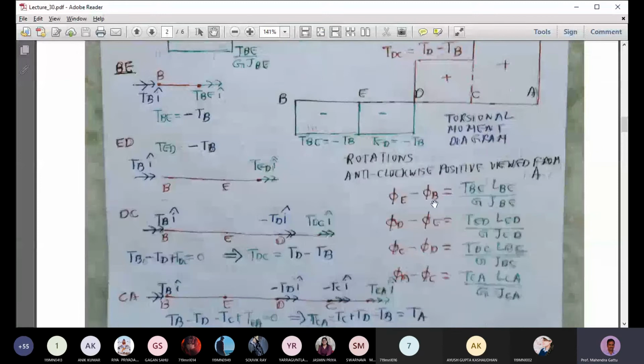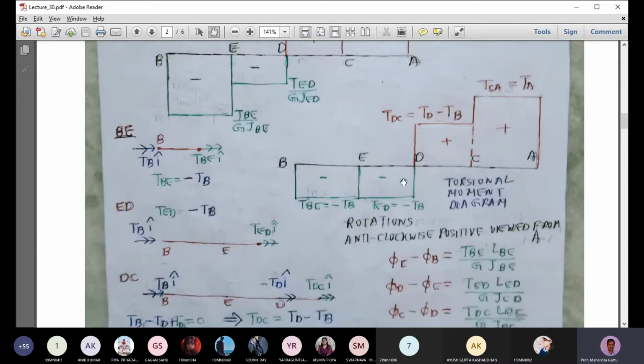So phi E minus phi B, that means if at point E there is a circular plane and at point B there is a circular plane, due to the twisting moment there will be some rotations happening. The difference in the rotations between the circular plane at E and the circular plane at B, phi E minus phi B, is equal to the area under the T by GJ diagram. That is, the change in the angle is TBE LBE by GJBE.